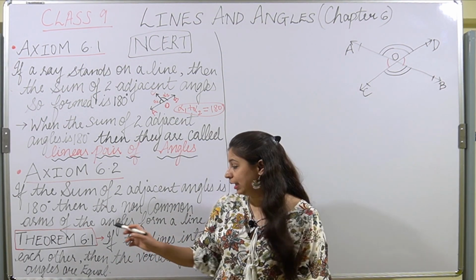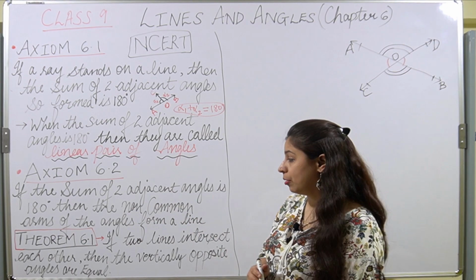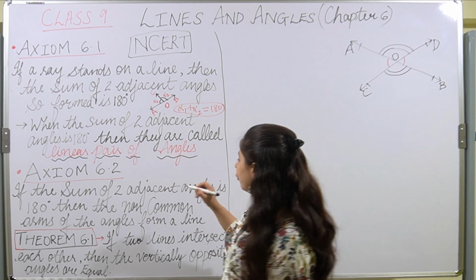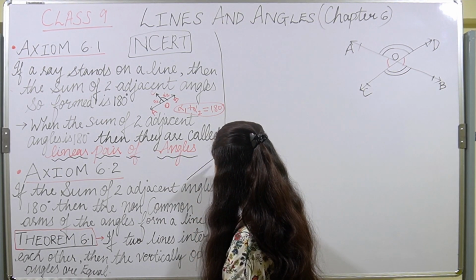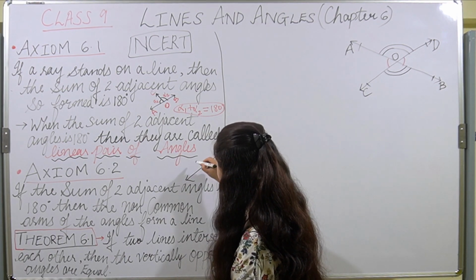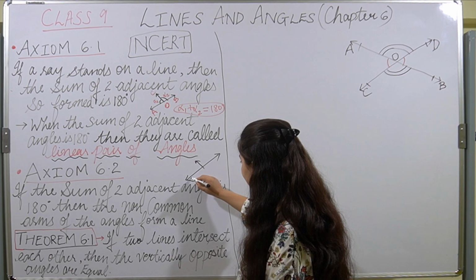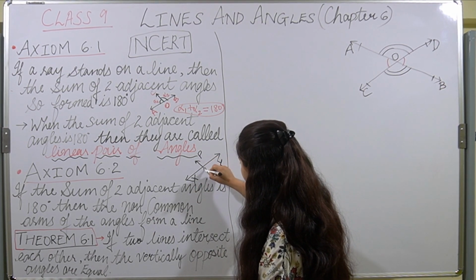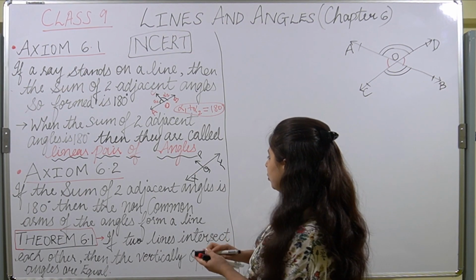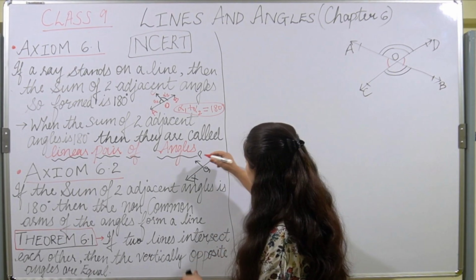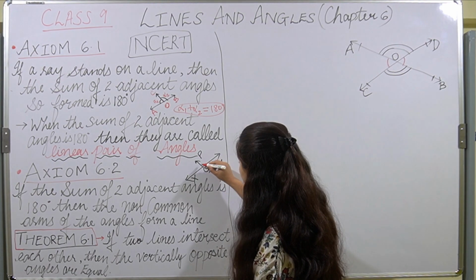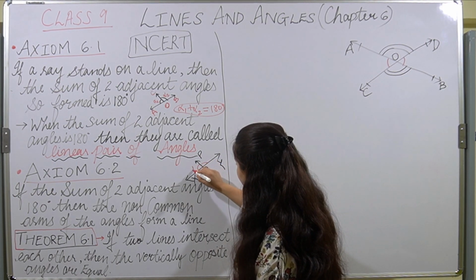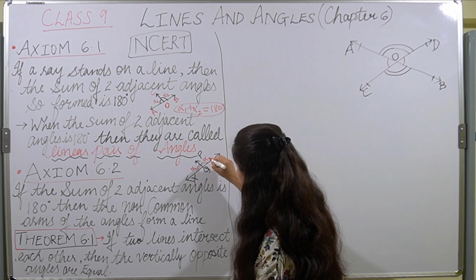So for axiom 2, let us say this is a line and this is a ray. Again, let us mark it as X, Y, P, Q. So the common arm is PQ, making angles alpha 1 and alpha 2.